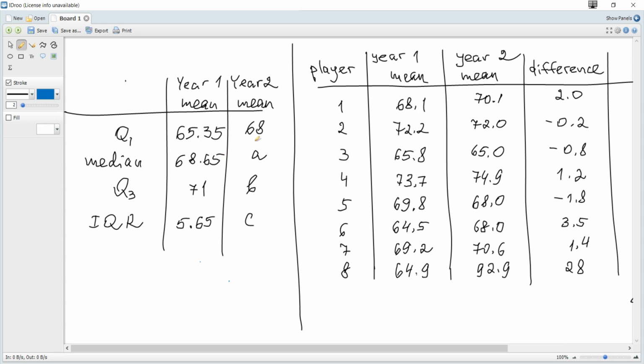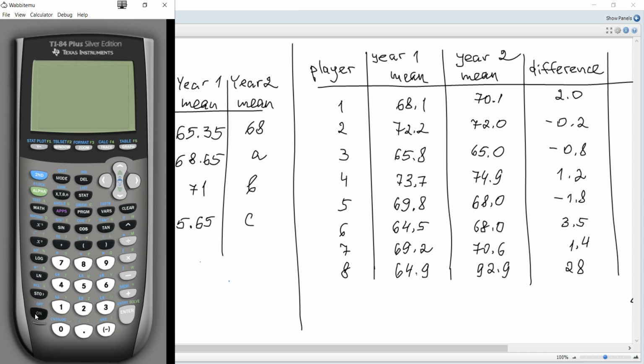3 marks. So you can see we need the median, the quartiles and the interquartile range for year 2. And how to do that? We choose Statistics and edit, and we enter this column year 2. It's L2, and also we need one for frequency, and then Calc, one variable statistics and list.